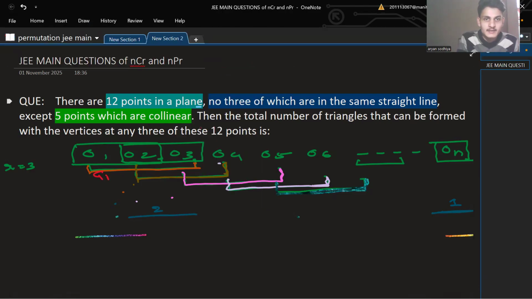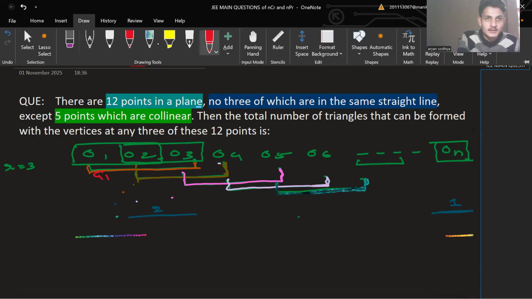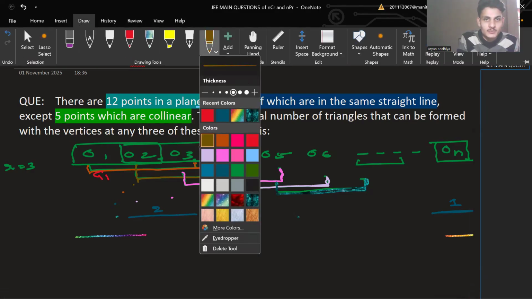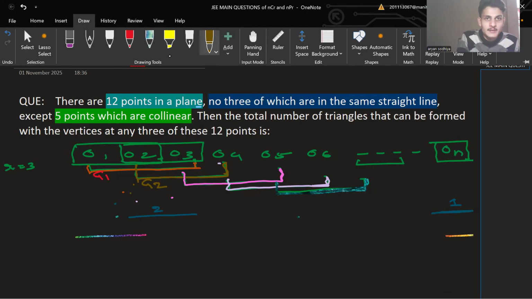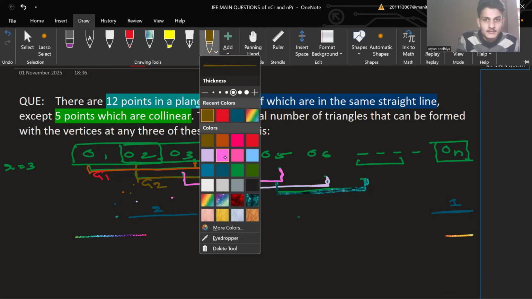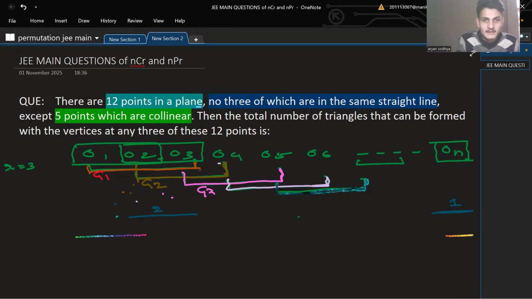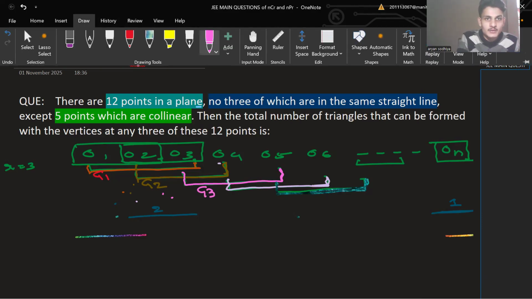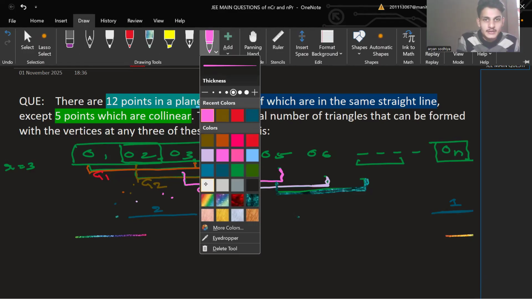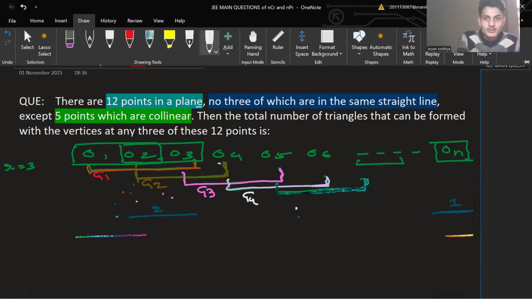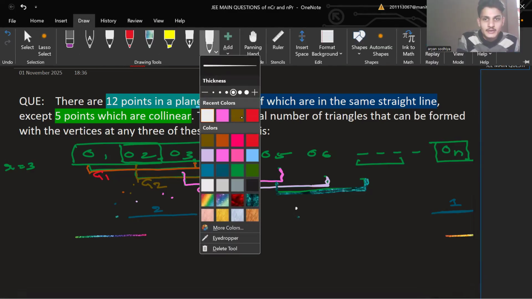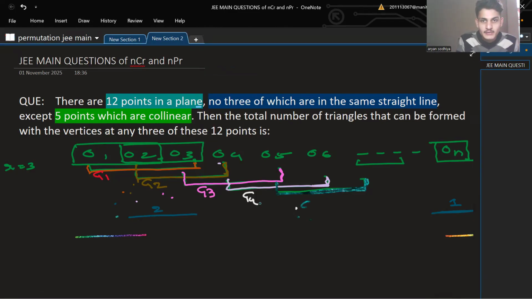This is G1. The other group with O2, O3 and O4 is the G2 group. And O3, O4, O5 makes another group, G3. Another group using O4, O5, O6 is G4, and one more group with O5, O6 and O7 is the G5 group.